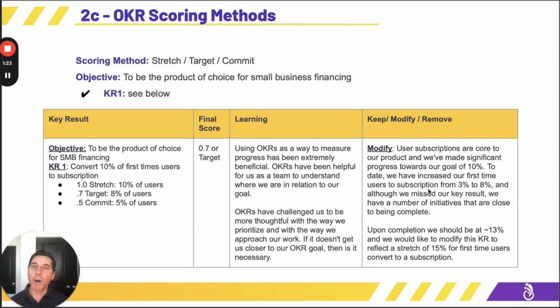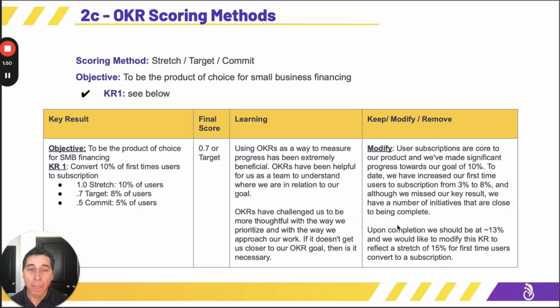And let's look at why we decided to modify our key result in this case. Similar response to other examples here, but user subscriptions are core to our product, and we've made significant progress towards our goal of 10%. To date, we have increased our first-time user subscriptions from 3% to 8%, right? So with that 8%, we hit that target, and so we gave ourselves a 0.7.